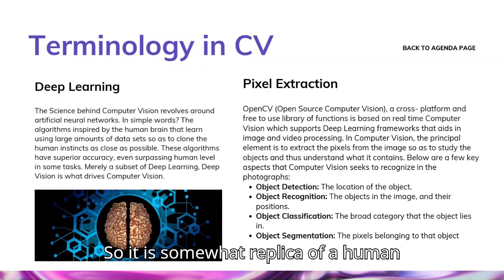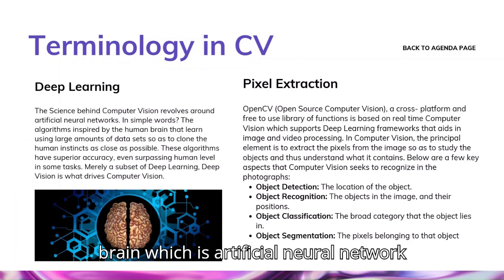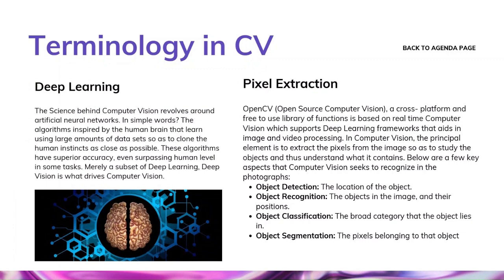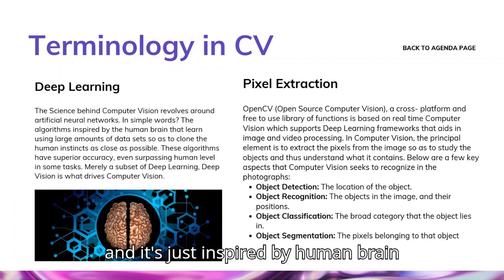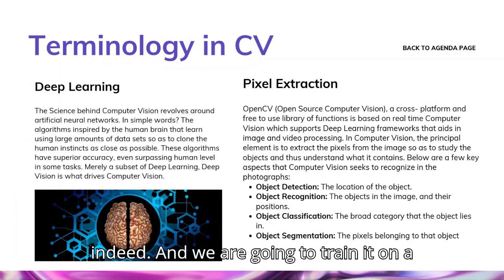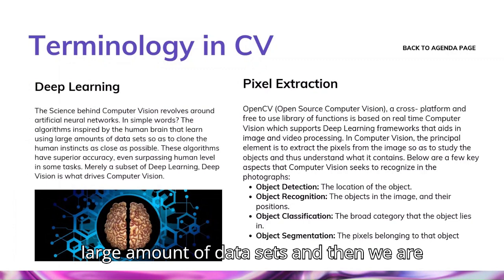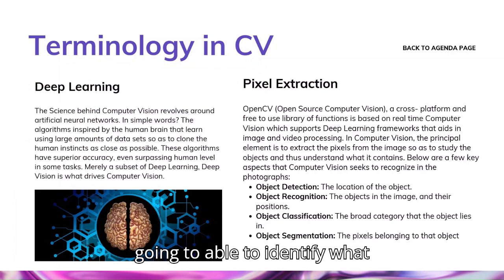So it is somewhat a replica of a human brain, which is an artificial neural network, and it is inspired by the human brain indeed. And we are going to train it on a large amount of data sets, and then we are going to be able to identify what kind of image it is. So this concept is called deep learning.